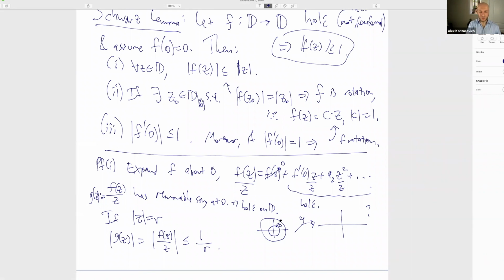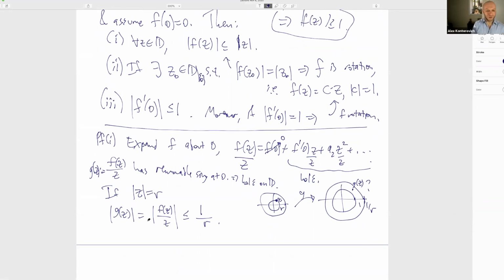And so something of size r, so here's size 1, under g must be mapped inside the disk of size 1 over r. So this is 1 over r. If you're on the circle of size r, then your image, I don't know where it is, g of z, but it's inside a circle of radius 1 over r. Okay?